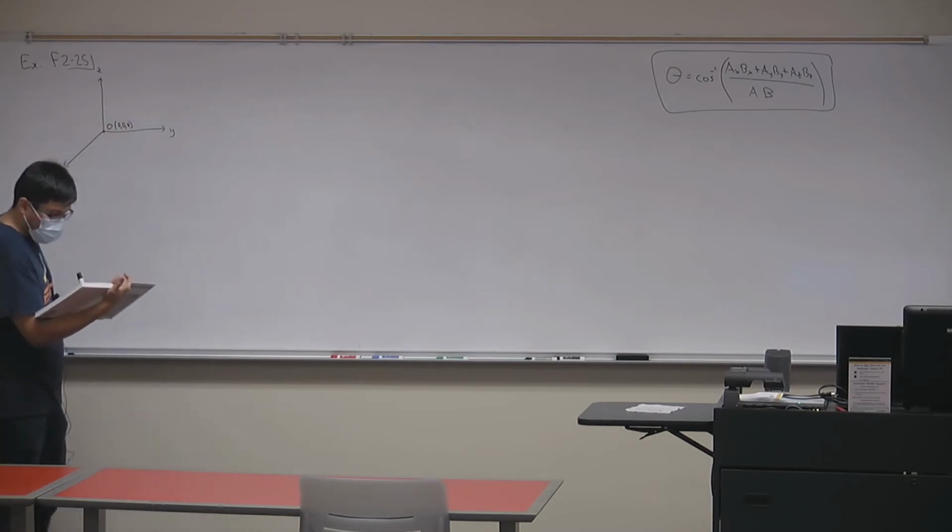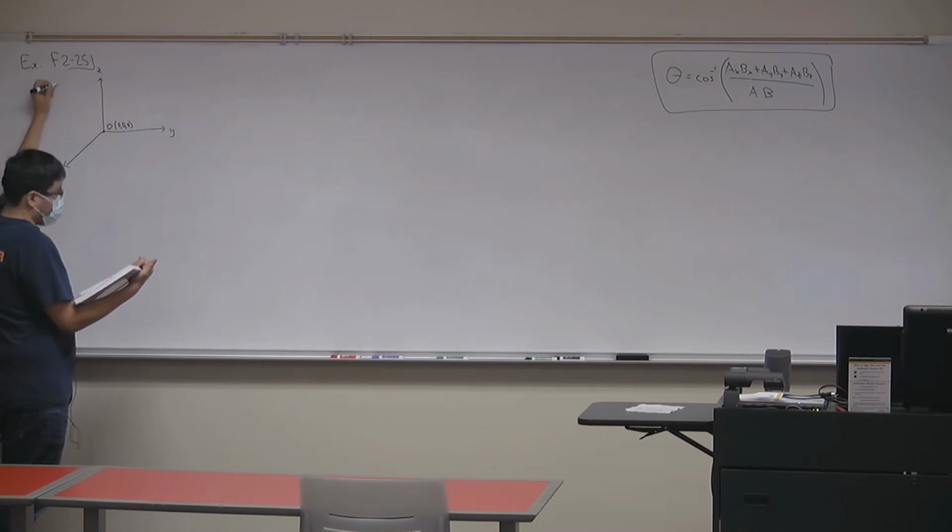And I'm going to define a point A that is located at an x distance of 1 meter, a y distance of 2 meters, and a z distance of 2 meters.